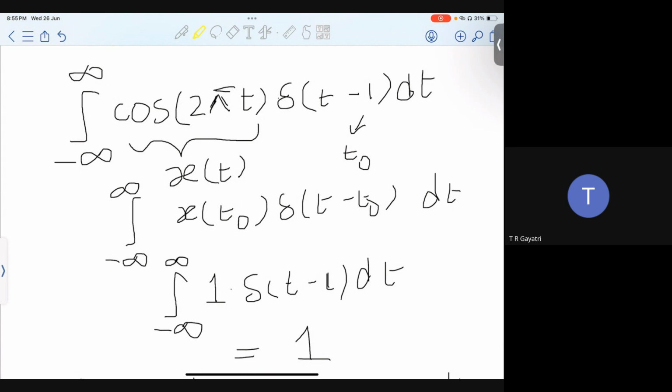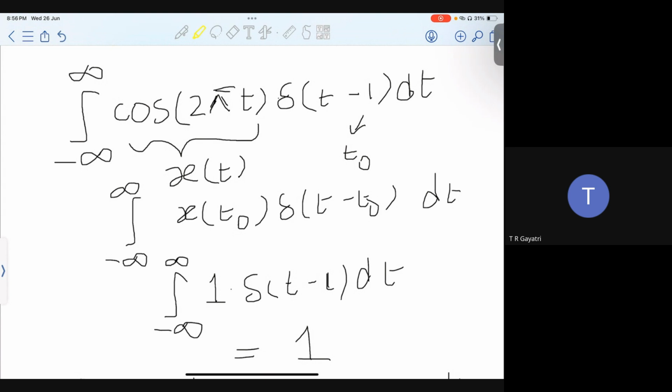The even part would be x of t plus x of minus t by 2, and the odd part would be x of t minus x of minus t by 2. You should be familiar with plotting such things, and also the symmetries, like conjugate symmetry. If x of t is equal to x star of minus t, then we call it conjugate symmetry, which is defined for complex signals.